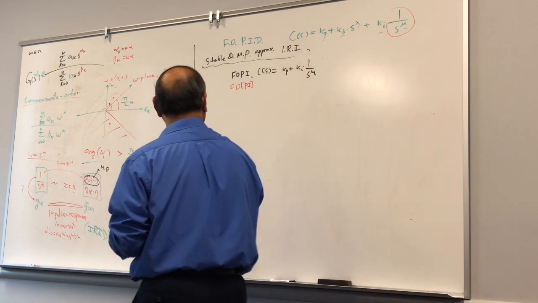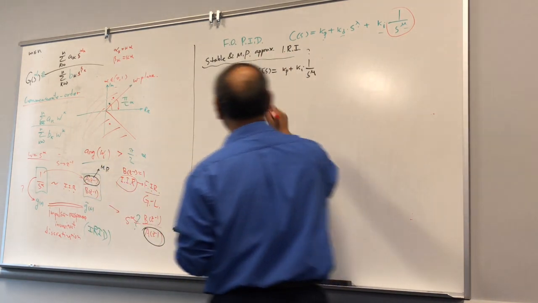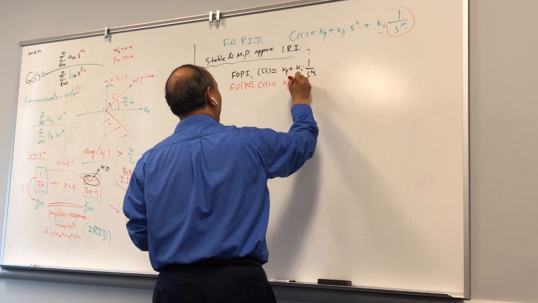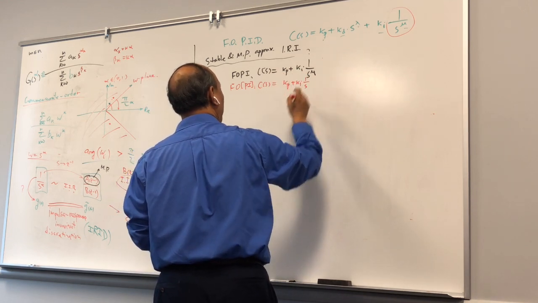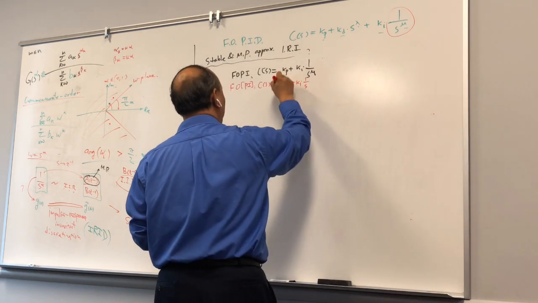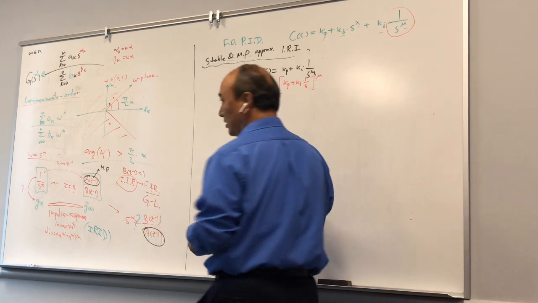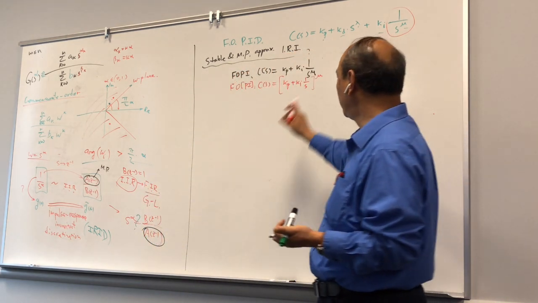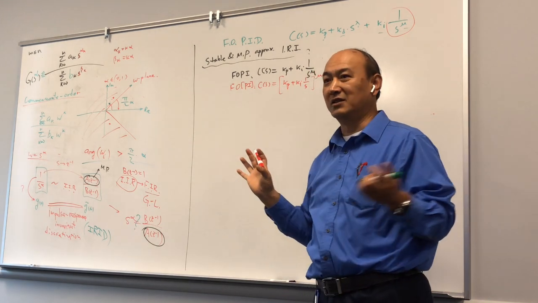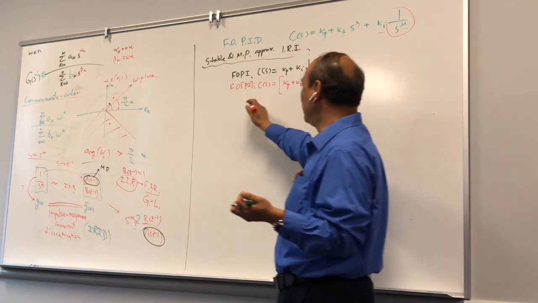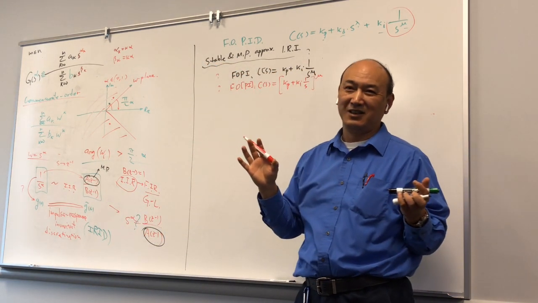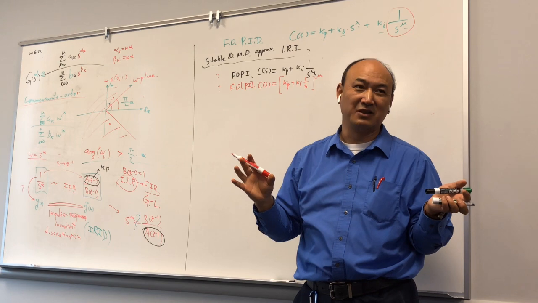That means C(s) is KP plus KI, but this is 1 over s, integer order. However, I put this in brackets together and raise it to the power of mu. So we still have the same tuning knobs, 3 tuning knobs. Now the question is, which one is better? In what sense? If you can answer this question, you can write a good paper.